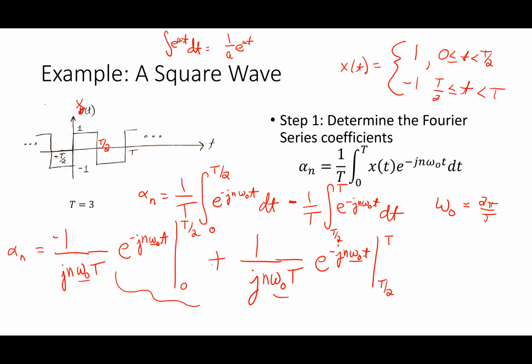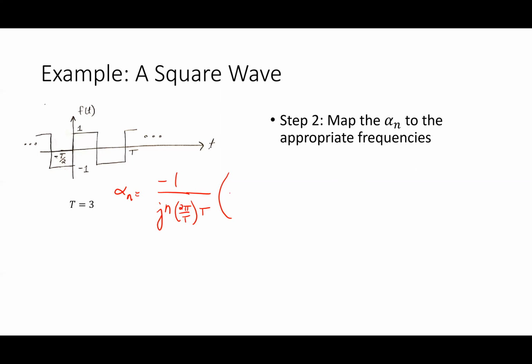Plug in T over 2 for the t, and then plug in 0 for the t. When I plug in 0 for the t, what happens to that exponential? It becomes 1. So this guy becomes e to the negative j n omega naught, that's 2 pi over capital T, times T over 2, like that, minus 1.